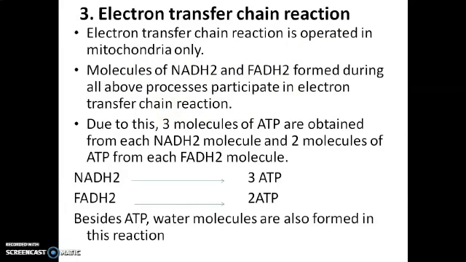The result is that 3 molecules of ATP are obtained from each NADH2 molecule and 2 molecules of ATP from each FADH2 molecule. So as you can see here, NADH2 is converted into 3 ATP and FADH2 into 2 ATP. So from glucose, that is pyruvic acid, to acetyl-CoA, to NADH2 and FADH2, finally we are getting this ATP.